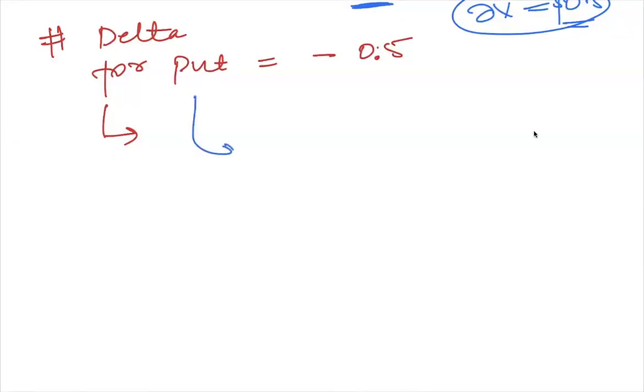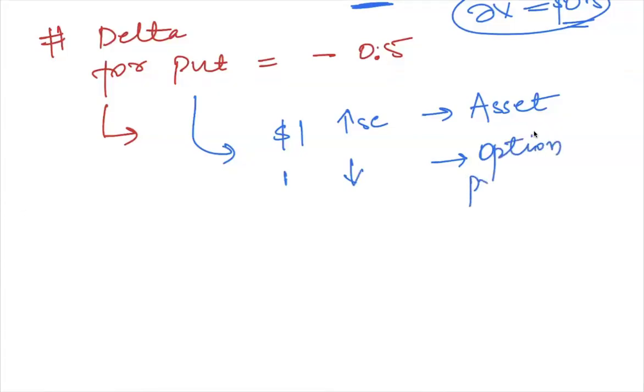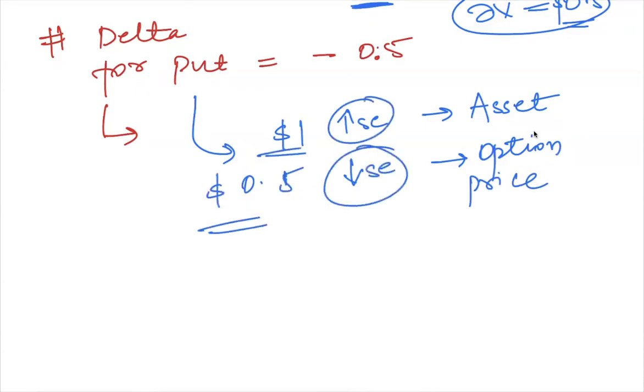It means that for every $1 increase in your underlying asset, your option price will decrease, by $0.5. So one is an increase, the other is a decrease, and that's why we say it's a negative delta. Because it shows a negative relationship. If the underlying asset increases by $1, your option price will decrease by 0.5.